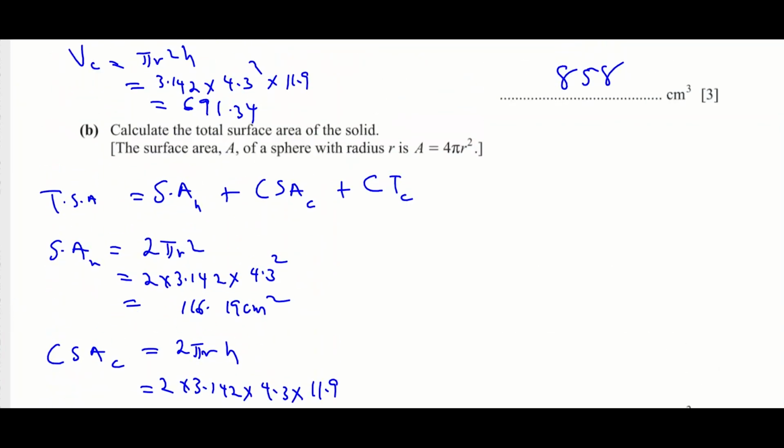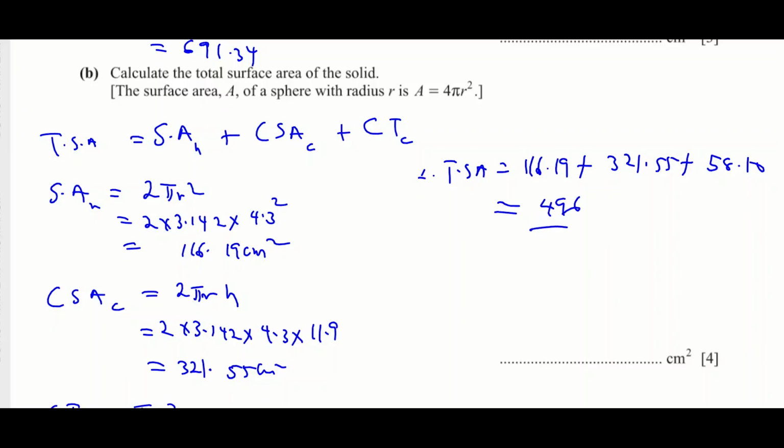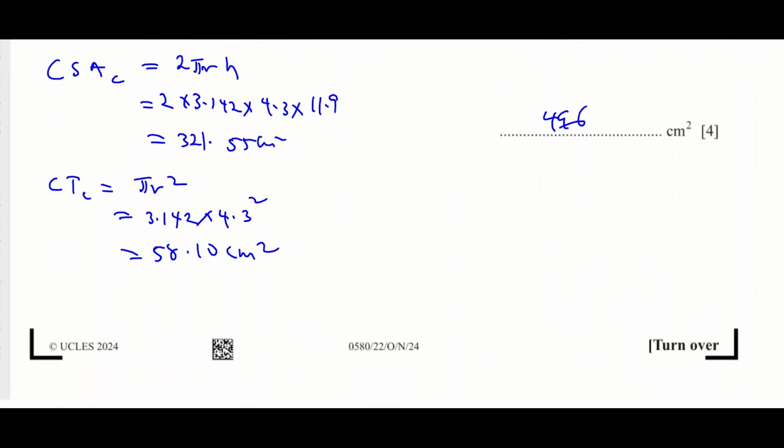So the total surface area of the solid will be the addition of these three: 116.19 add 321.55 add 58.10. So this is approximately 496 to 3 significant figures. Okay, so that is pretty straightforward.